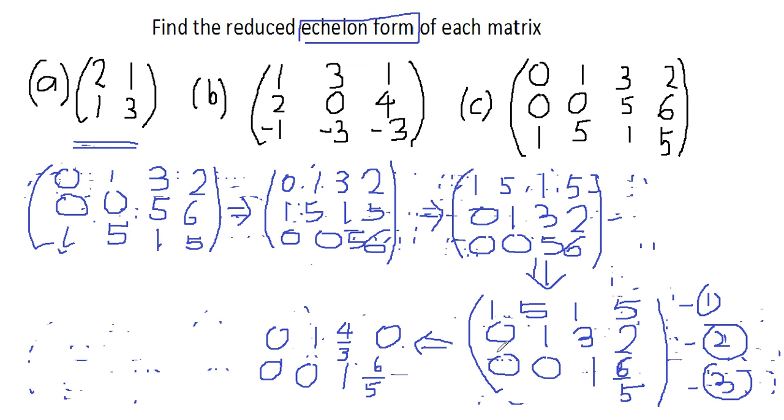Therefore, minus 25 over 6 times 6 over 5 will give me minus 5. Minus 5 plus 5 equals 0. And for this also, minus 25 over 6 times 1 equals minus 25 over 6. So minus 25 over 6 plus 1 will give me minus 19 over 6.